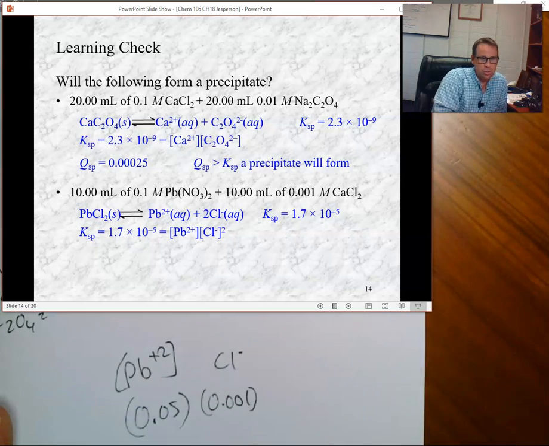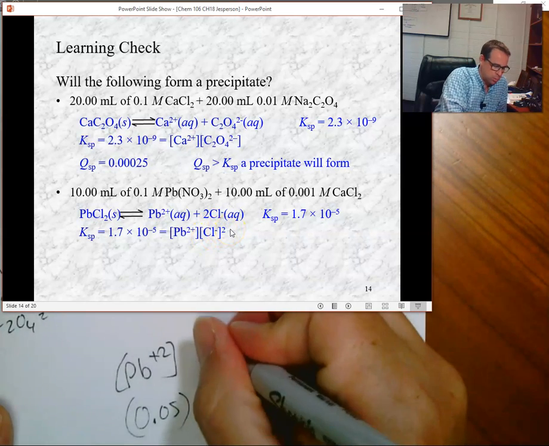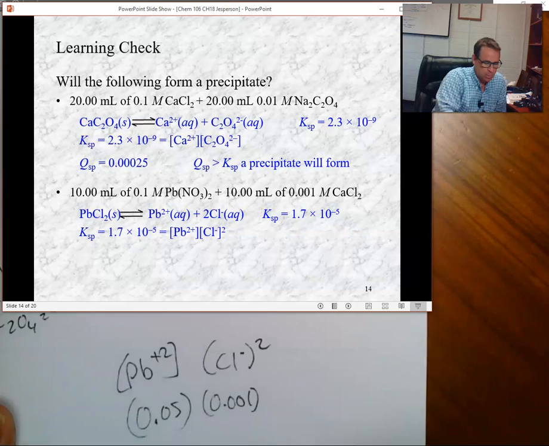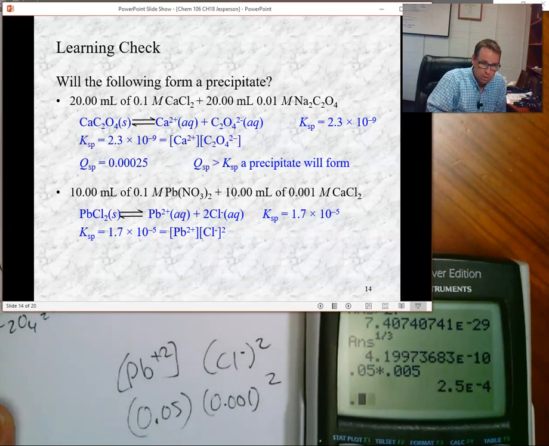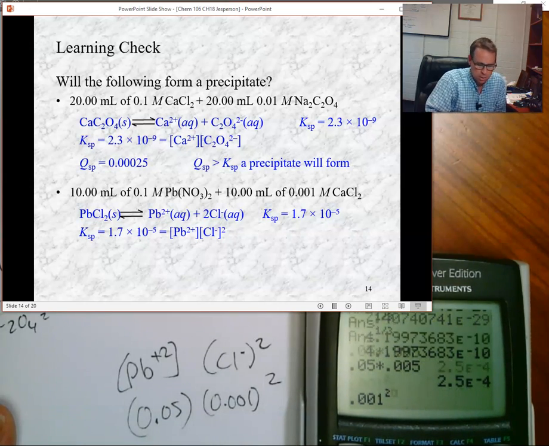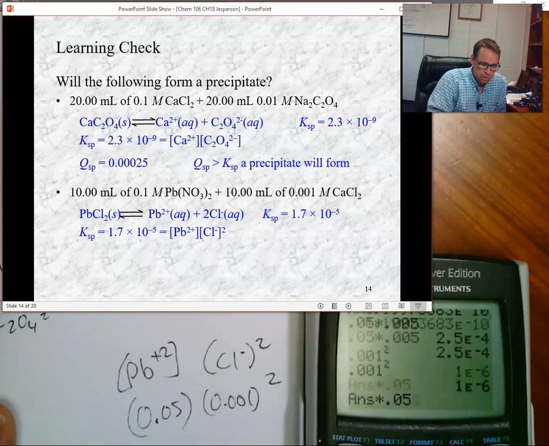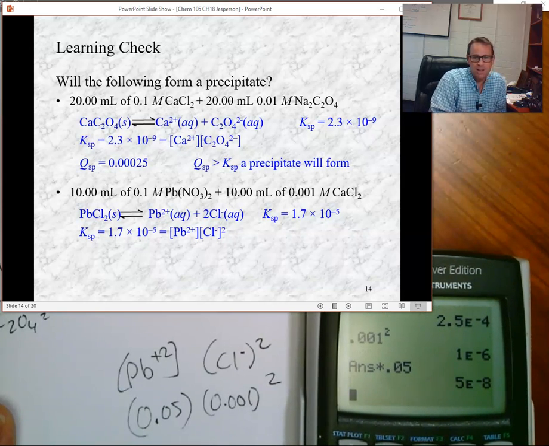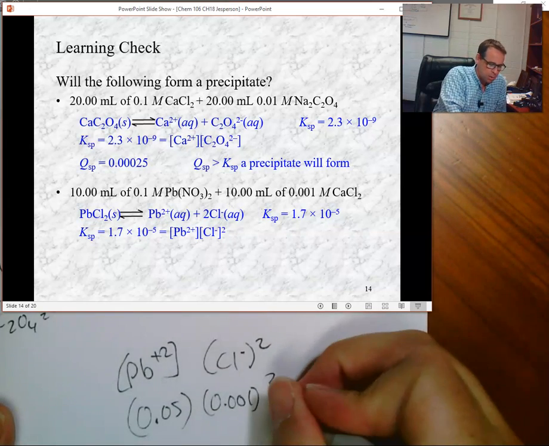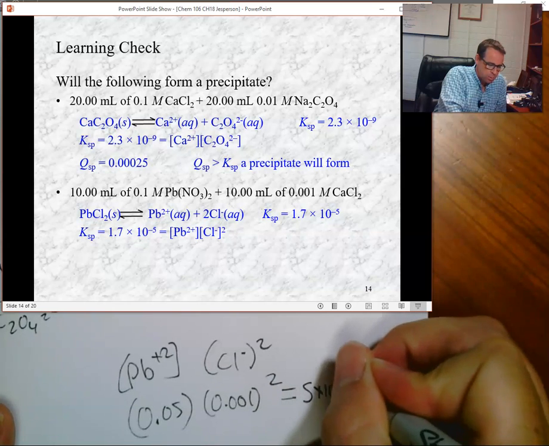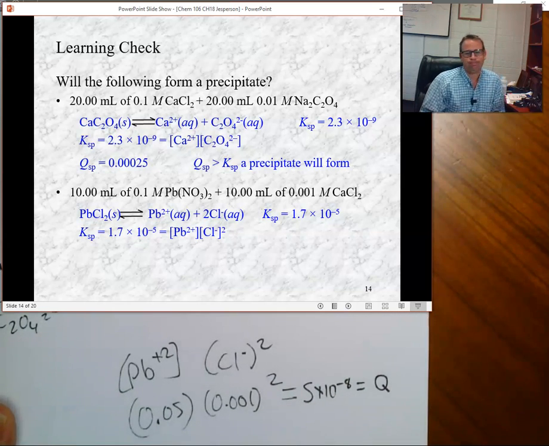But I need to, like it says here, the chloride ion concentration squared. All right? Because the equilibrium statement says that value squared. So if I take 0.001 squared times 0.05, I get 5 times 10 to the minus 8. 5 times 10 to the minus 8. That is my Q.